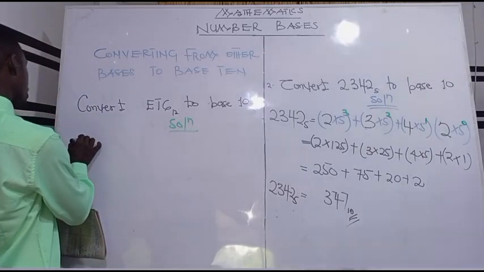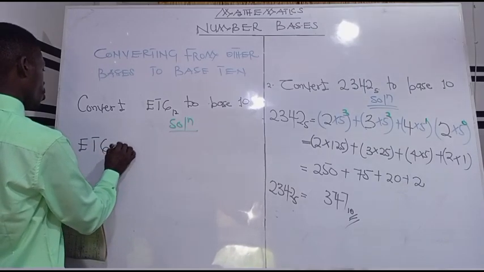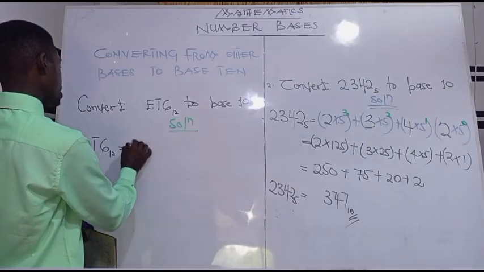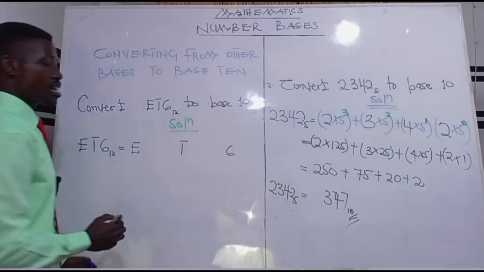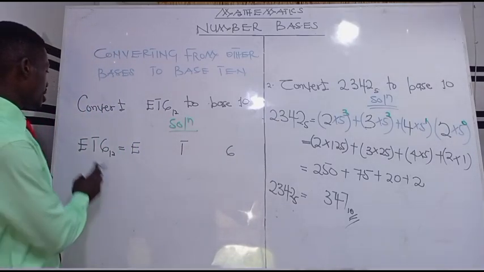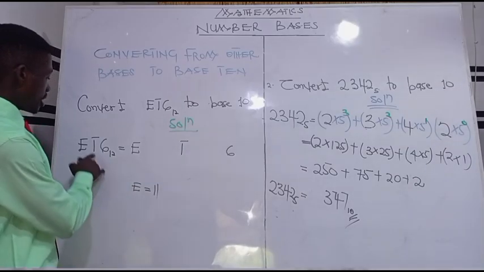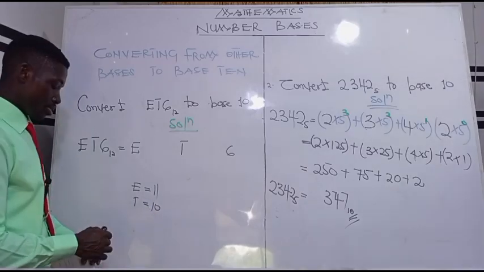So we have the number ET6 base 12. So we are going to write this number in order. So we have E, T, and then 6. But remember, in our introduction, I said that the letter E in number bases means 11. And then the letter T in number bases means what? 10. Take note.